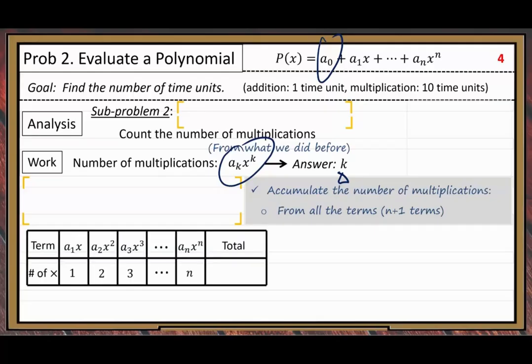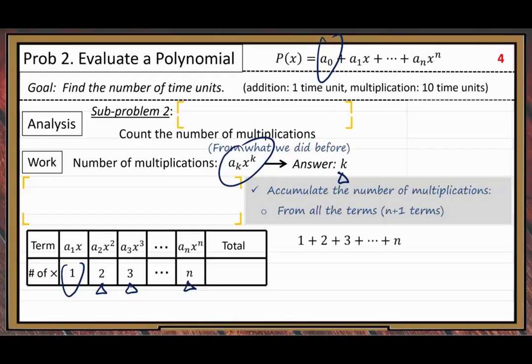Here, let me do a chart. To calculate A1x, we need 1 multiplication. Remember, for different k numbers, the corresponding number of multiplications is the same as that k number. All the way. So we add up consecutive integers from 1 through n, and we have a formula.